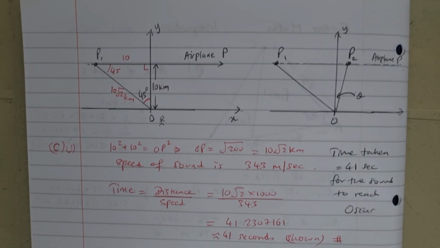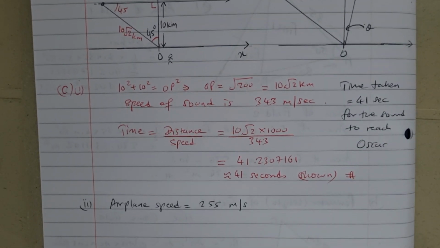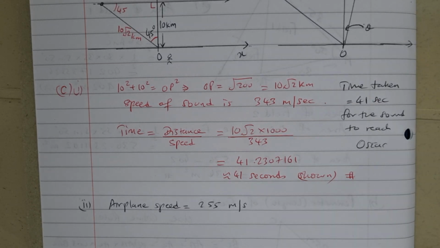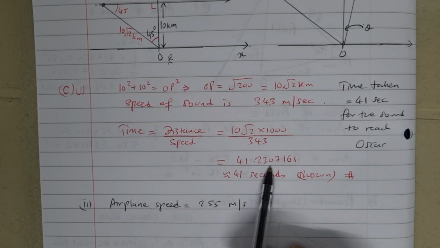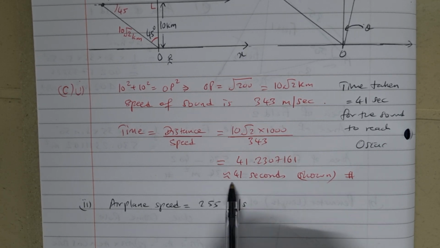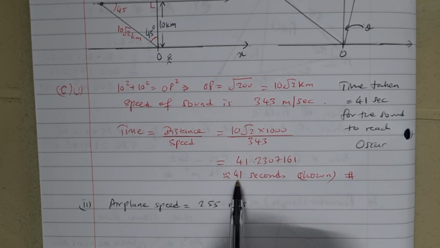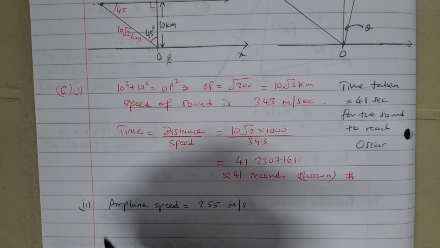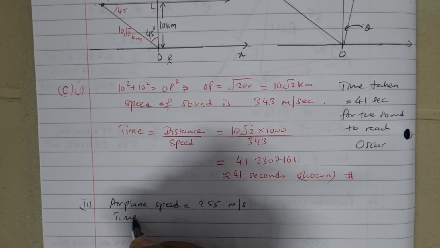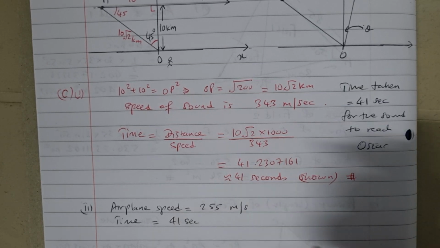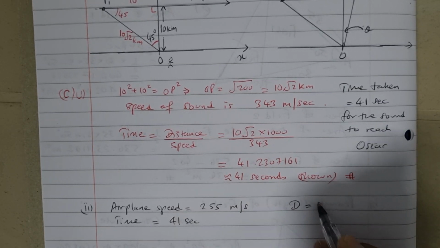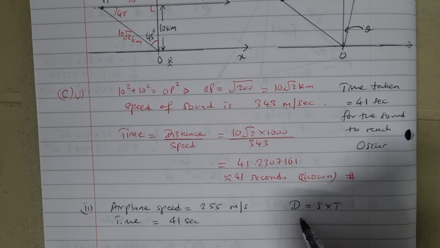So in the first part of the question, we calculated that the exact time taken was 41.23 seconds, but we're going to be taking the 41 seconds here. So that's the time taken. So the time is 41 seconds. Remember, we're trying to find the distance, and we know that distance is equal to speed multiplied by time. And what is the speed of the airplane?